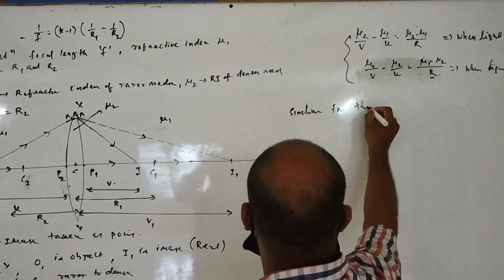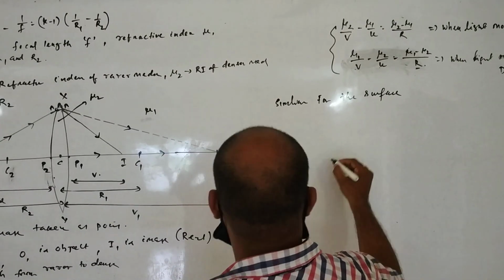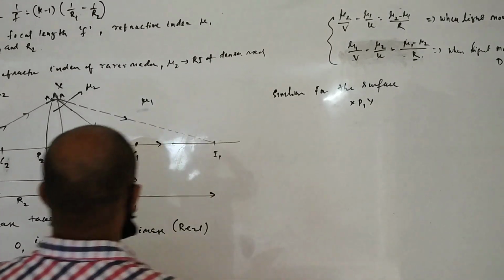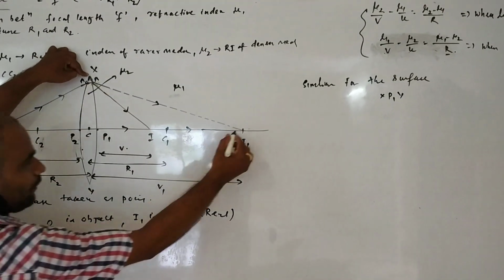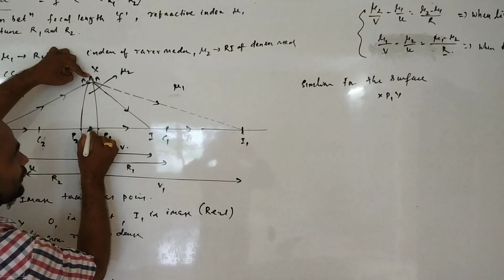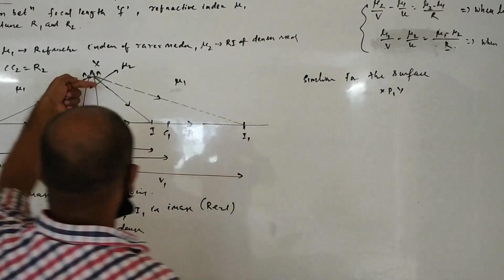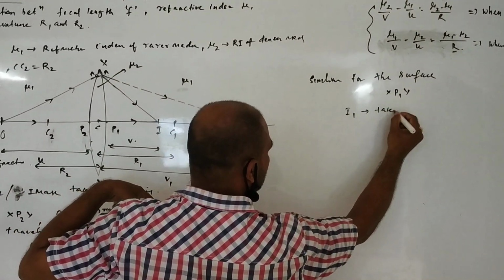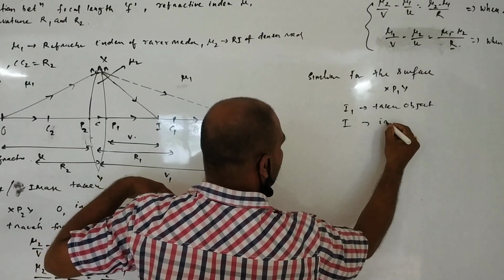Now for the surface XP2Y, listen, this is a very important concept. For this surface, I1 is taken as the object and I is the image.